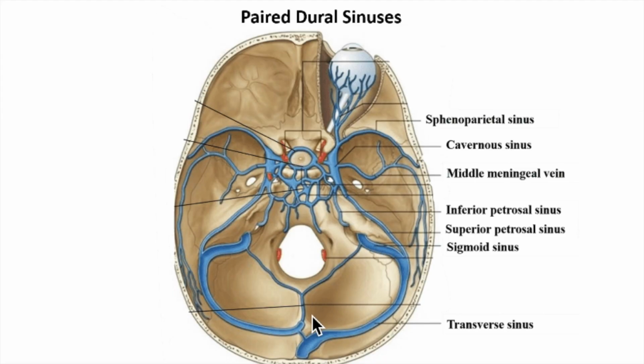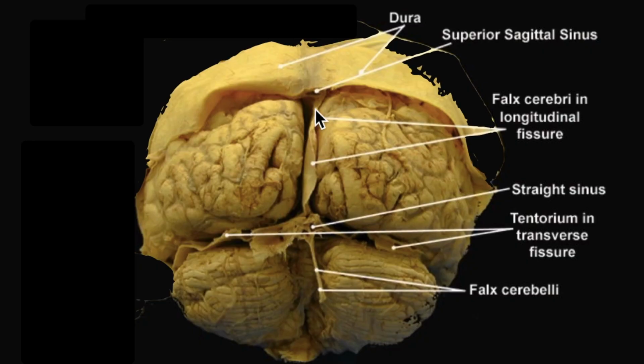Next, between the superior sagittal sinus and inferior sagittal sinus, the superior sagittal sinus has important features. See, this is the superior sagittal sinus. Among the draining veins, many superior cerebral veins drain into the superior sagittal sinus.